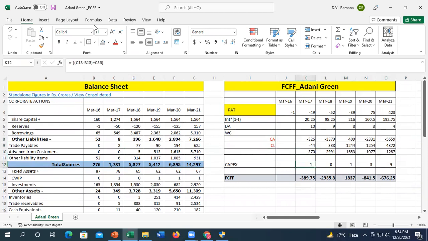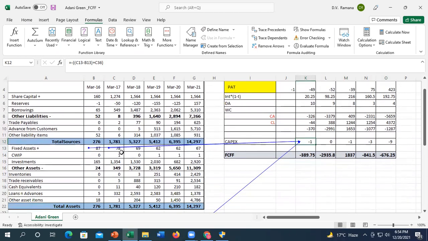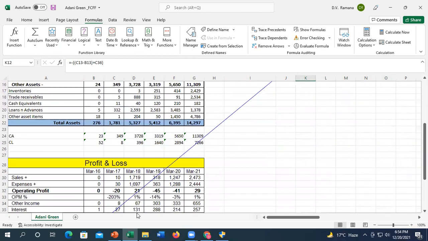CAPEX. CAPEX is a change in the property, plant, and equipment. How much property, plant, and equipment and other fixed assets have been acquired, PPE purchased during the year. So this we can derive by finding the change in the net assets plus depreciation.